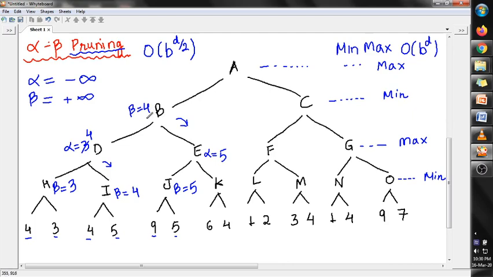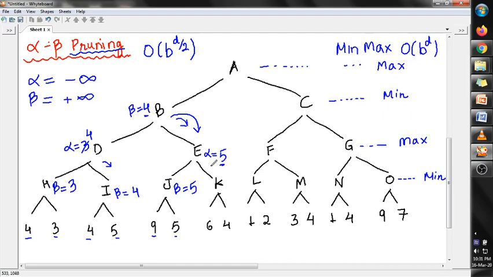So it is clear that at this minimum level you are going to take the minimum available value, and here you can see the value alpha equals 5 is greater than this value alpha equals 4. So this B node is not going to consider this particular part of the tree, because here you already got a value which is greater than this value 4.